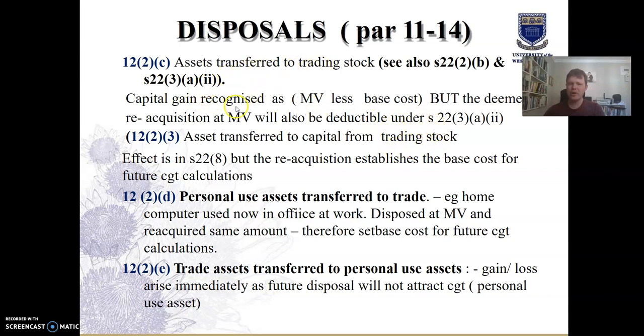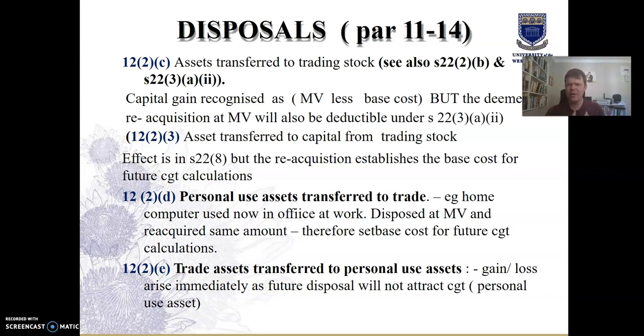If it's going to trading stock, what you're going to deem to be done is that you're going to sell it at market value. There's going to be a gain, with market value being your proceeds and whatever you paid for it being your base cost, like normal. Okay, so you're going to have your CGT, and then you're deemed to acquire it.